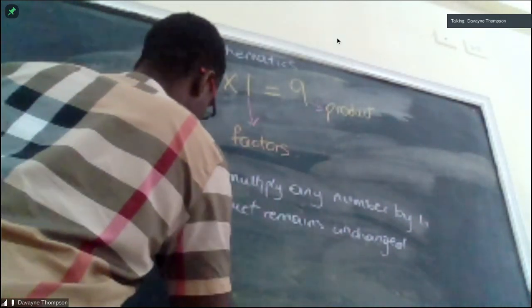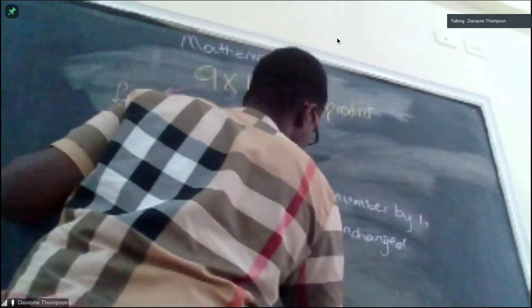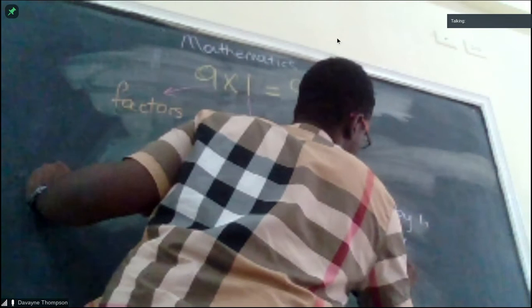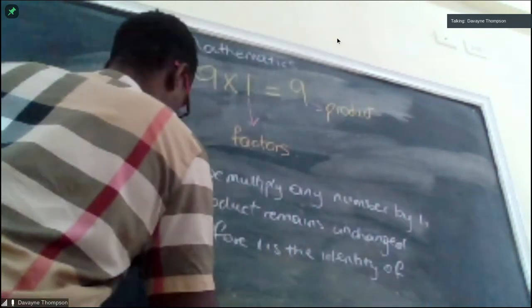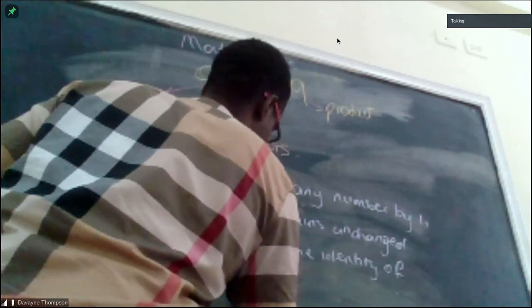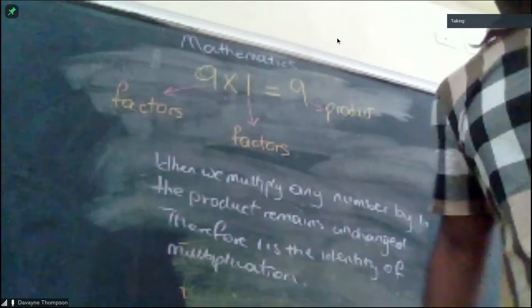Therefore, 1 is the identity of multiplication. Any questions?